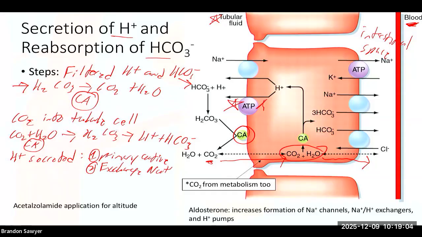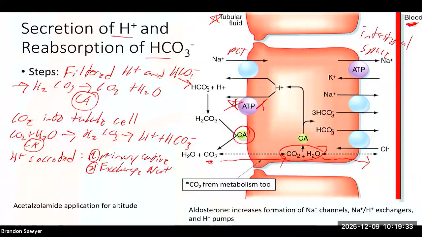Okay, and so aldosterone actually activates more of this happening, right? It leads to the formation of more sodium channels, which makes sense, but it also leads to the formation of more of these sodium hydrogen exchangers too, right? So it's going to help us pull more sodium back, but also get rid of more hydrogen at the same time, okay? And this one is happening mostly at the proximal tubule.